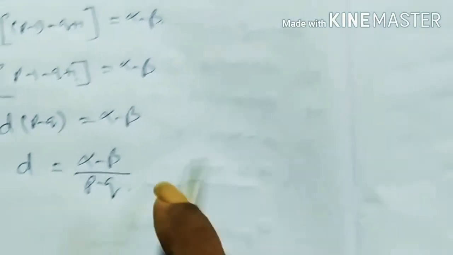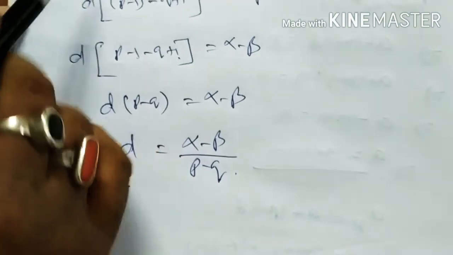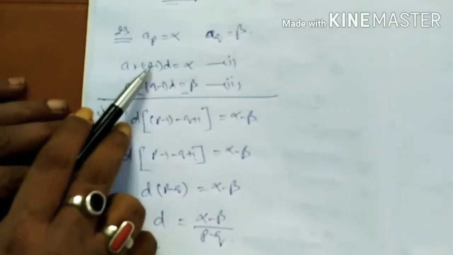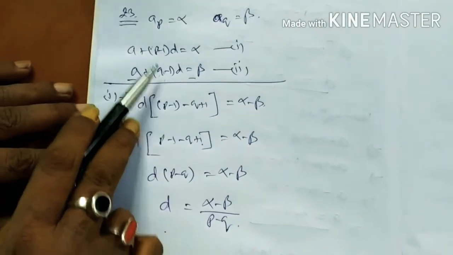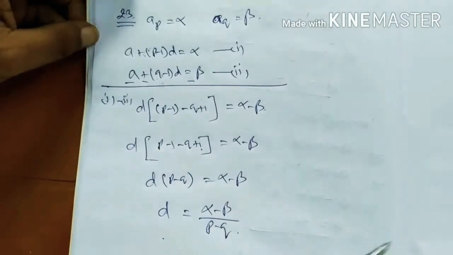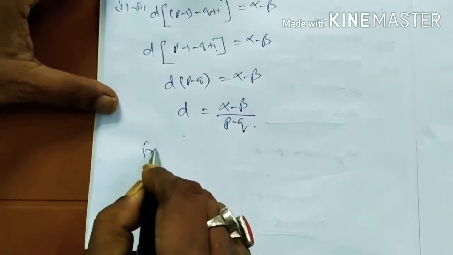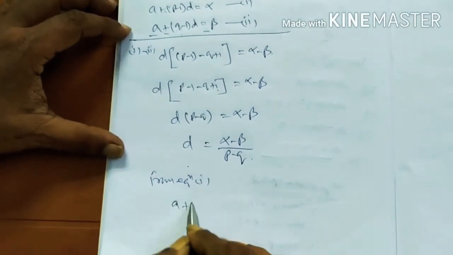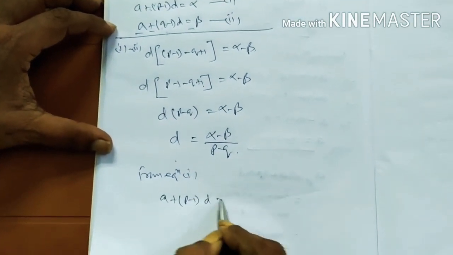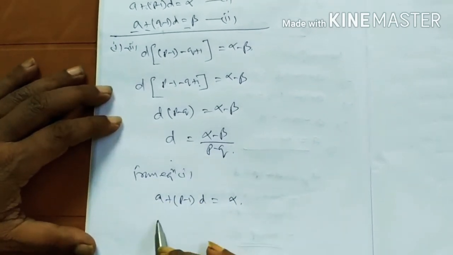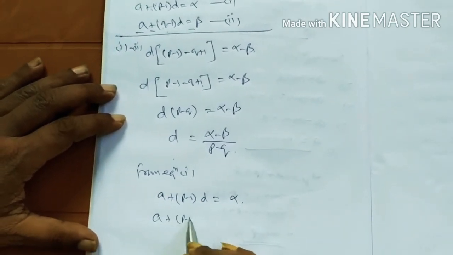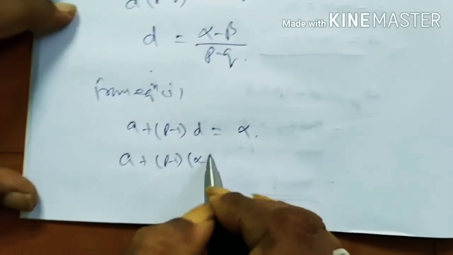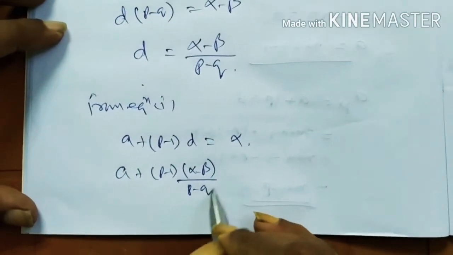Now I am going to find out the value of A. Now the value of D I am going to substitute in any one of these two equations, equation 1 and 2. I am going to select equation 1. So from equation 1, A plus (P minus 1)D is equal to alpha. Putting the value of D, A plus (P minus 1) times (alpha minus beta) by (P minus Q) is equal to alpha.